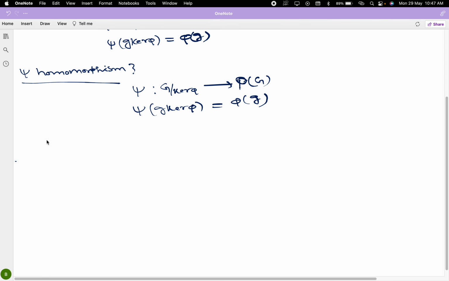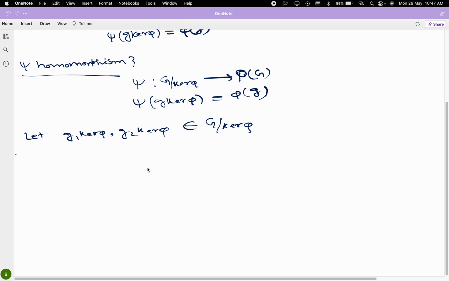Let g1 kernel phi and g2 kernel phi be two members of G mod kernel phi. I have taken two elements from G mod kernel phi, and let's operate them.